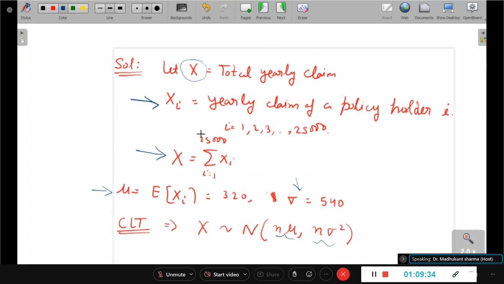So what is n? n is 25,000, mu is 320, so n times mu is 25,000 into 320. n times sigma square: n is 25,000, sigma square is 540 square.